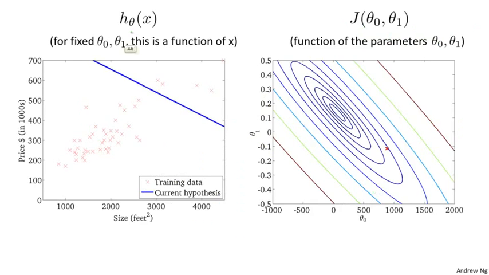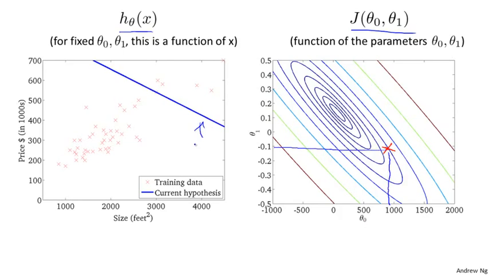As usual, here are plots of the hypothesis function and of my cost function J. And so let's say I've initialized my parameters at this value. Usually you initialize your parameters at 0, theta 0 and theta 1 equals 0. But for illustration, in this particular implementation of gradient descent, I've initialized theta 0 at about 900 and theta 1 at about minus 0.1.